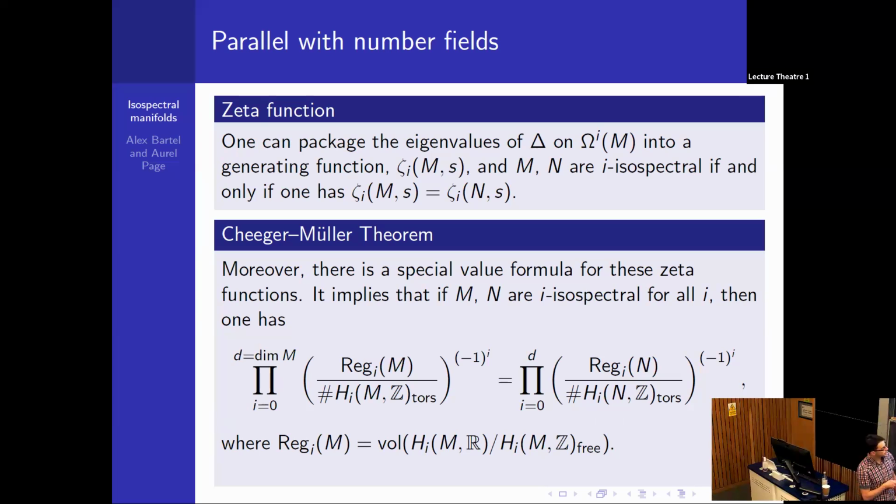So these regulators, if the ith homology is zero-dimensional, then these are determinants of empty matrices, so they're one. But otherwise, we expect them to be transcendental numbers. On the other hand, of course, the torsion, these are just integers.